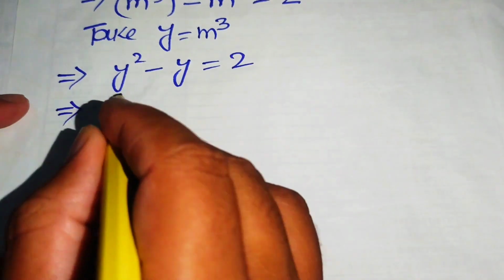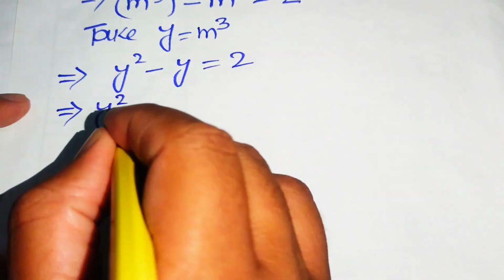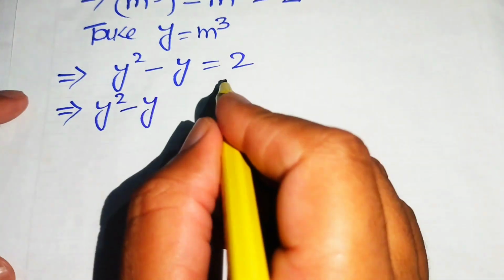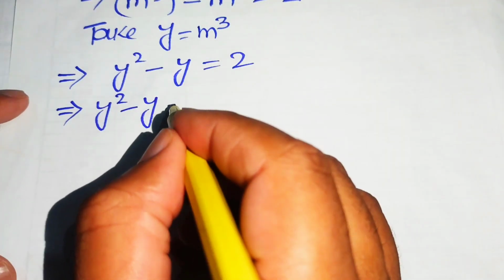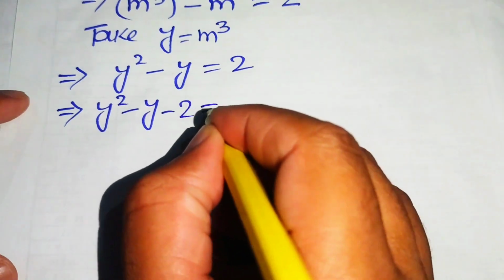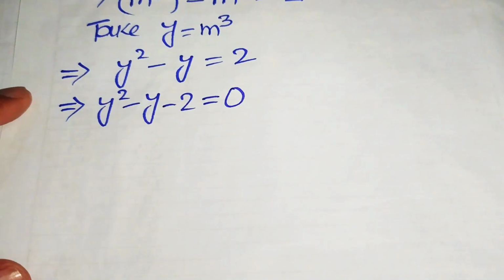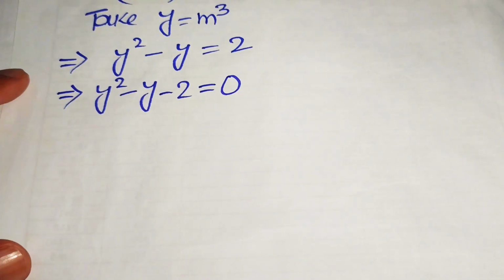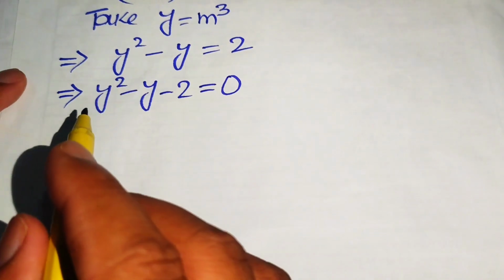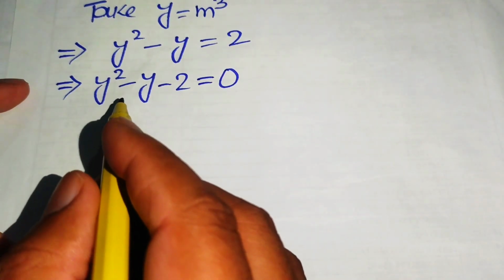First we write this equation in standard form: y squared minus y, and we move this 2 to the left hand side, so it becomes minus 2 equals 0. Now we factor this equation in order to find the values of y.